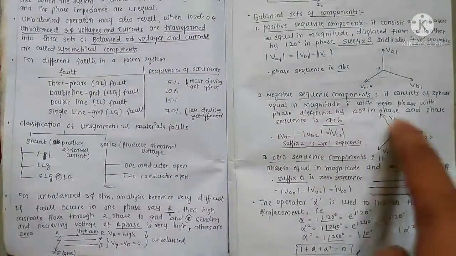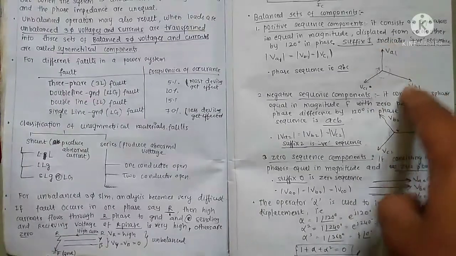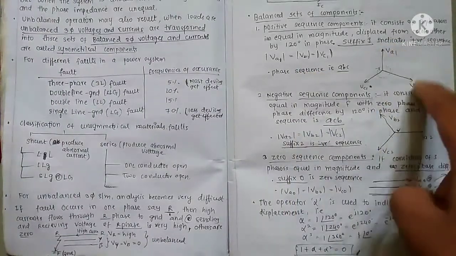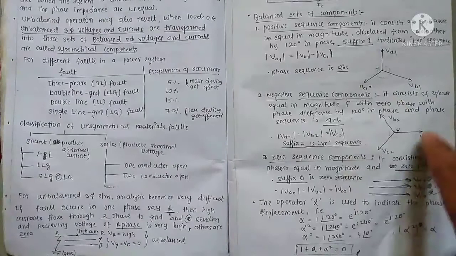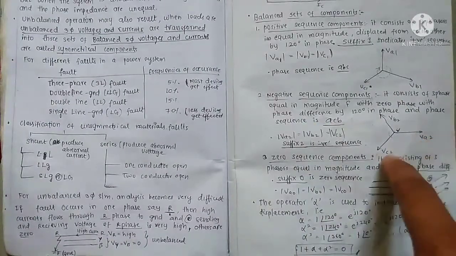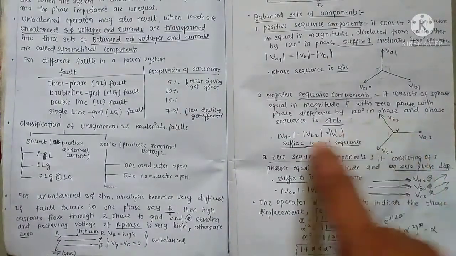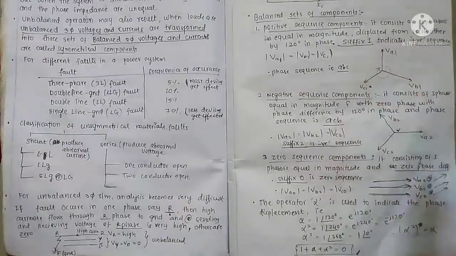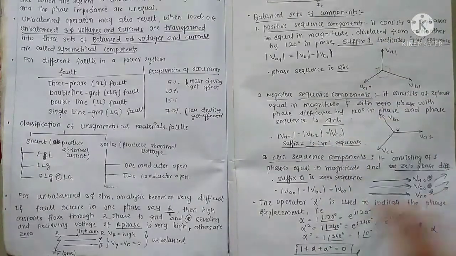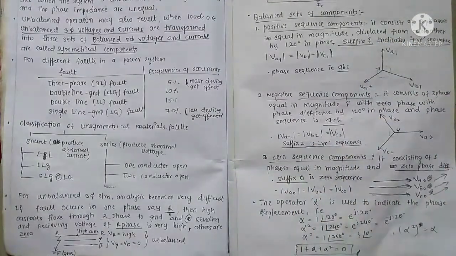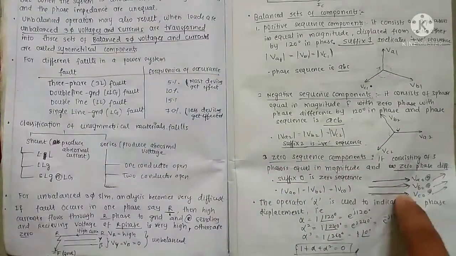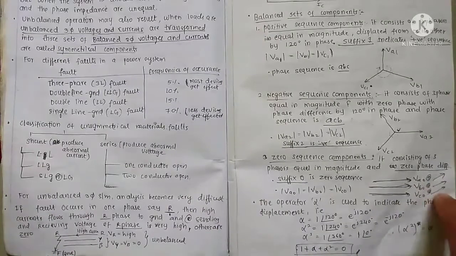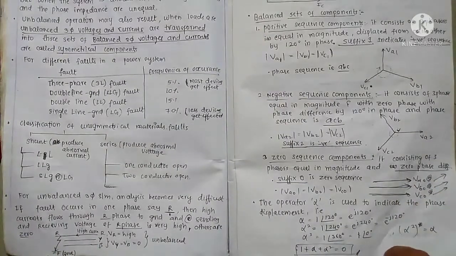VA2, VB2, VC2. For the positive sequence components, ABC is the sequence. For the negative sequence components, ACB is the sequence. Please do remember. Okay, this is ABC, this is ACB. Next, the zero sequence component vectors will be like this, either horizontal or shown in a diagonal shape.